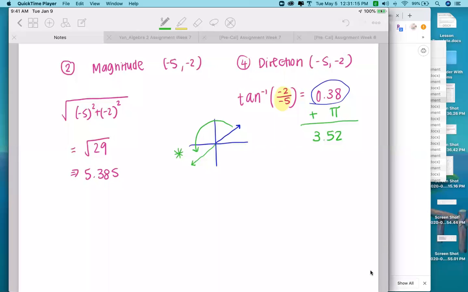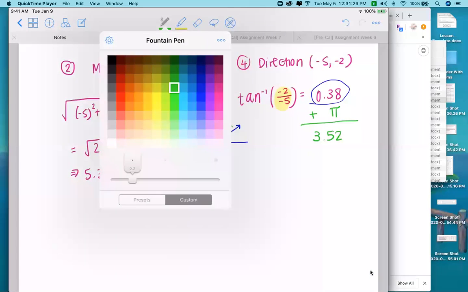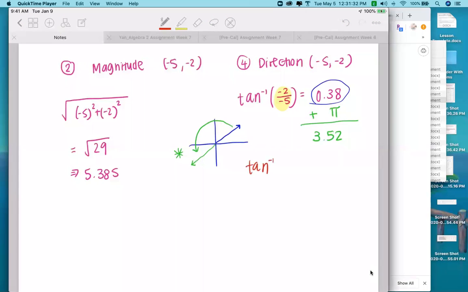Why did you add pi to it? Because if I have 0.38, if you put it in degree form, I'm going to put it in degree form for this question. It'll probably make more sense. Hold up, I'm using my calculator. If I put it in degree form, it's 21.8.